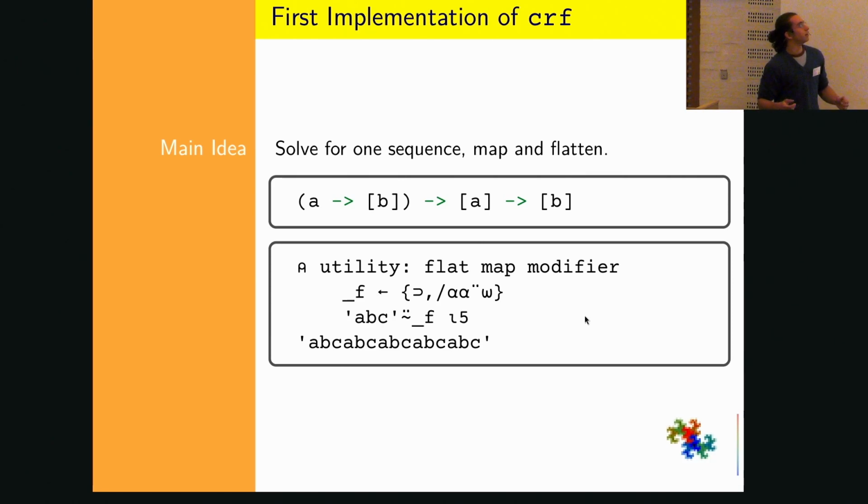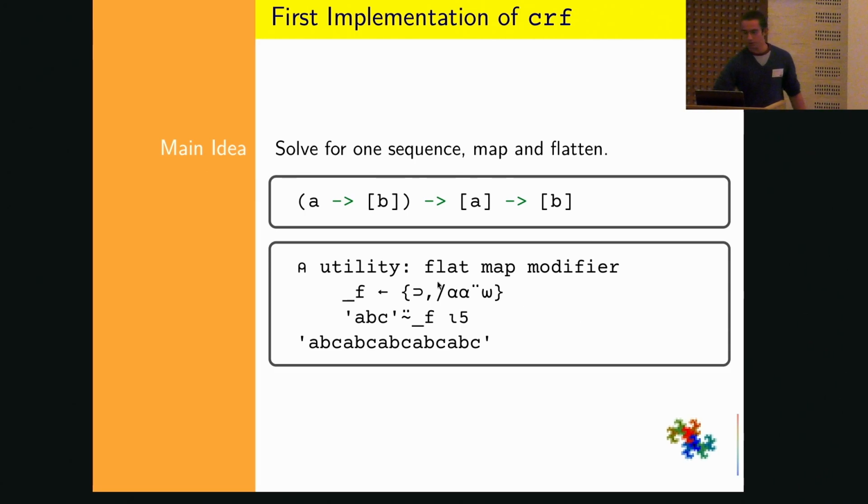So what we actually need is a flat map modifier. For anyone who cannot read Haskell types, this A arrow bracket B is a function of something of type A to a sequence of things of type B.